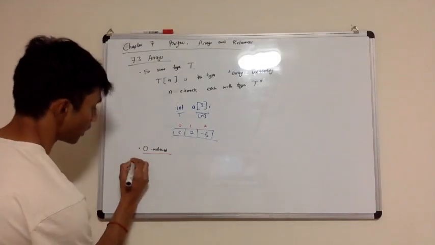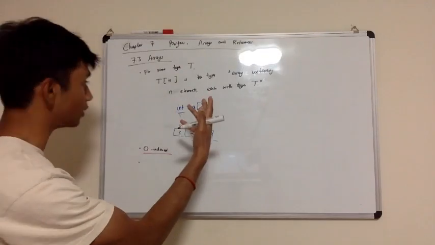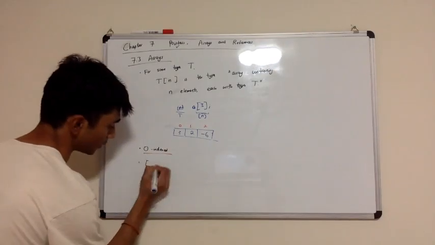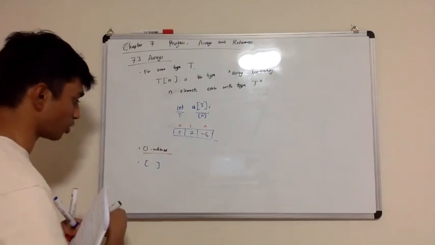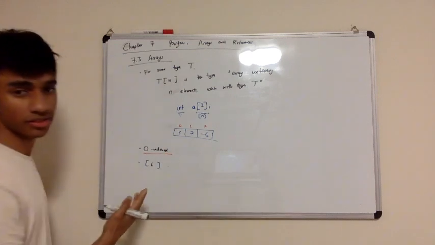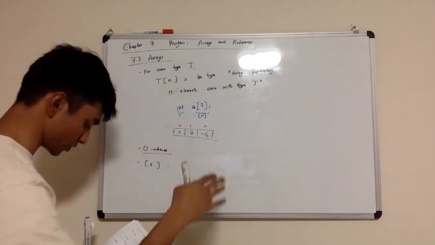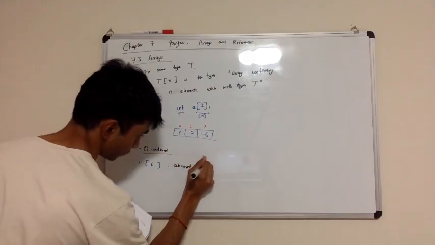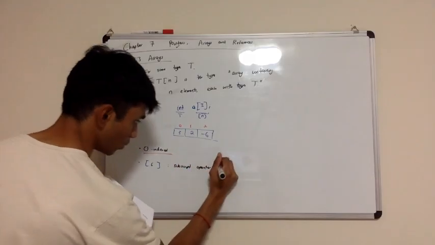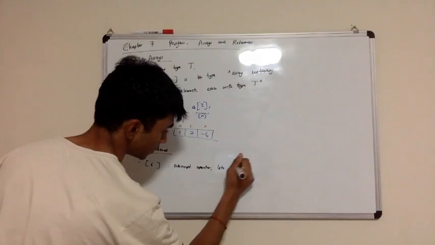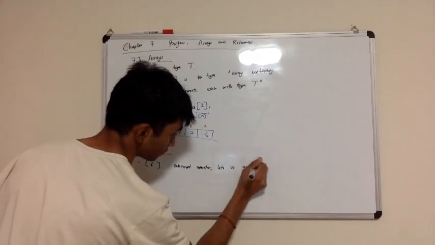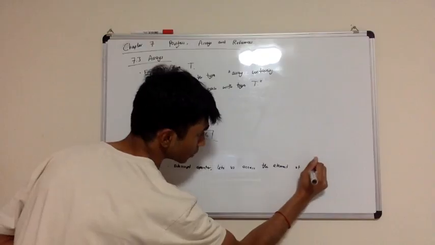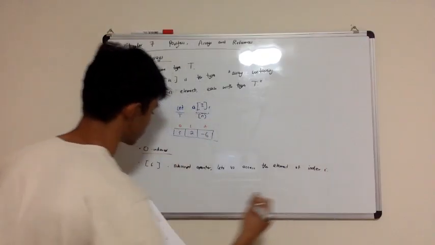After we've declared our variable, we can use the square bracket notation, the subscript operator, to access the element at position or index i.